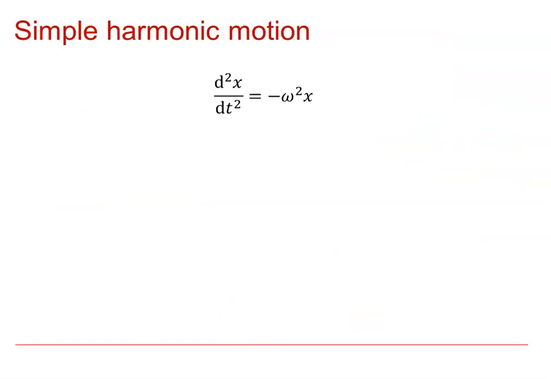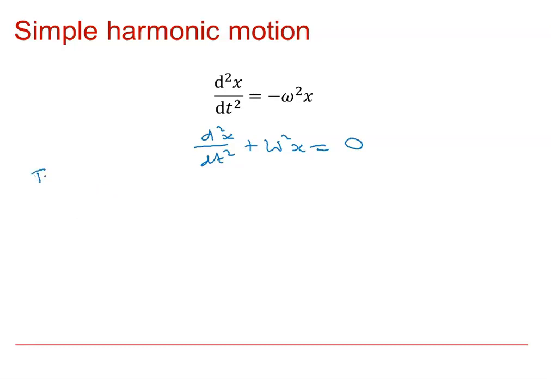Taking this classic equation for simple harmonic motion, we can see that it is second order, and if we rearrange it slightly to get d2x by dt squared plus omega squared x equals 0, we can write it as a second order linear homogeneous equation.